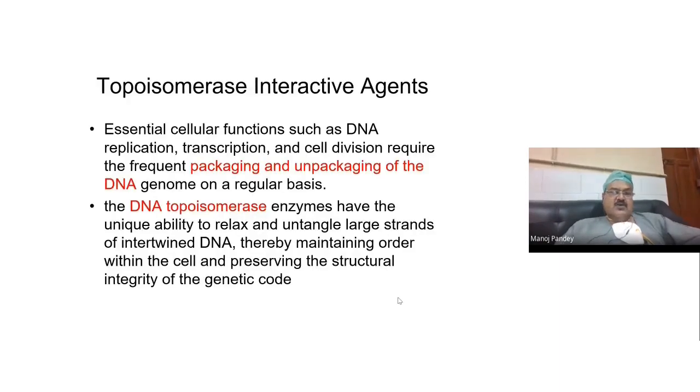Then there is a class called topoisomerase interactive agents. Topoisomerase is an enzyme which is required for packaging and unpackaging of the DNA. These agents basically inhibit the topoisomerase enzyme and interfere with the unpacking of the DNA, which is required before DNA synthesis takes place.